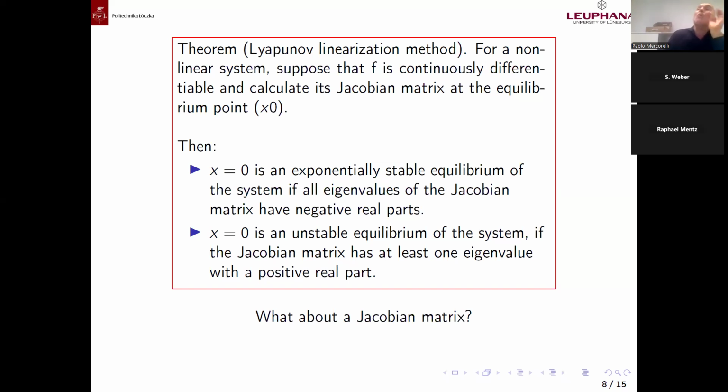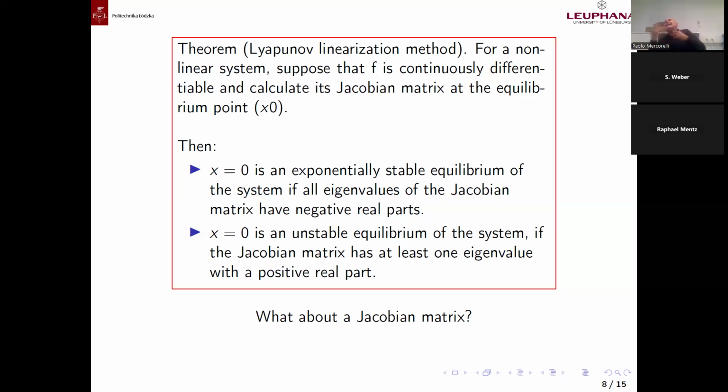If all eigenvalues are negative, we have an exponentially stable equilibrium point, exactly as in a linear system. Why that? Because we are calculating, I don't know if you remember, the Jacobian, which is the matrix, because we have a system with 2 variables, of the partial derivatives of the system.